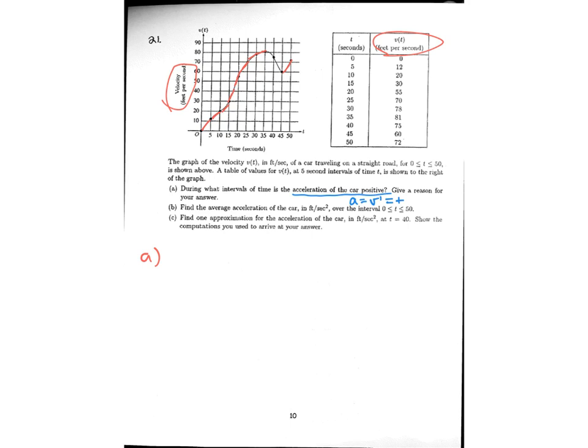So we can safely say that the acceleration is positive over the intervals 0 to 35 and 45 to 50. Let me write that neater. 45 to 50. Because the acceleration is equal to the slope of velocity.